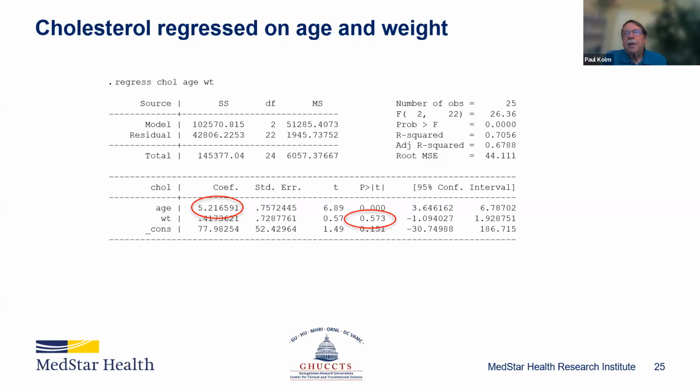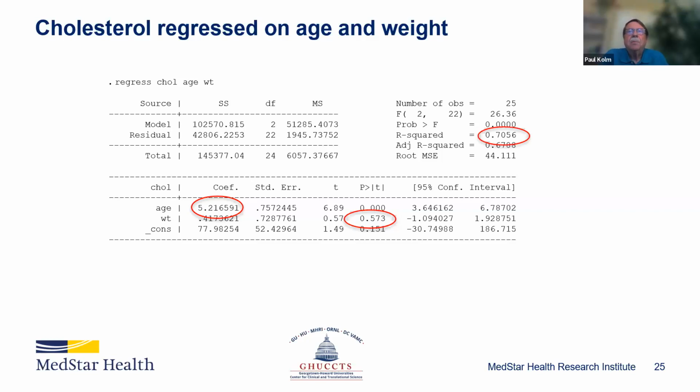And we can see that in the 95% confidence interval, where the range is minus 1.1 to 1.9. If the confidence interval includes 0 in linear regression, that means that the variable is not contributing much to the regression equation. And we can see in the R-squared that it's pretty much the same.